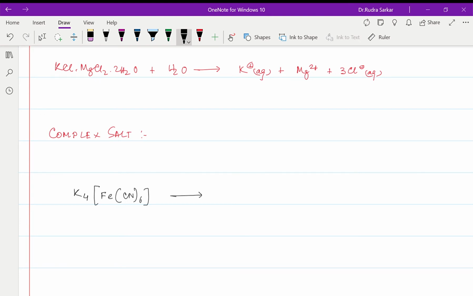Out here you are seeing something new: I have used a third bracket over here, besides the first bracket. What is the meaning of this? What you will find is that only 4 K+ ions are formed inside the solution, and along with that, the cyanide ions are not released. Neither is the iron released inside the solution. But this unit within the third bracket is what is being released.